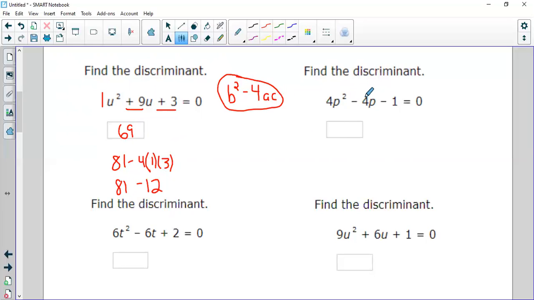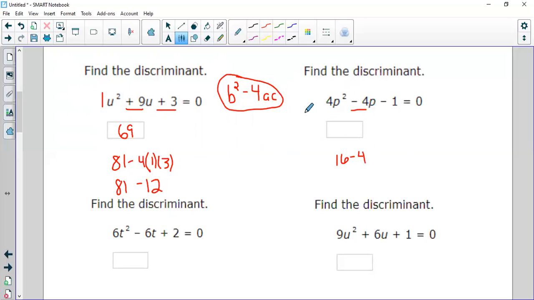Find the discriminant for this one. B squared minus 4ac. Well, this time b is a negative number. But remember, we're squaring b. And anytime you square a negative number, you always end up with a positive. So I always like to do that square in my head like I did here with this 9. I made it 81 right away. I like to do that in my head right away to make sure that I have it as a positive. So b squared, negative 4 squared, is 16.